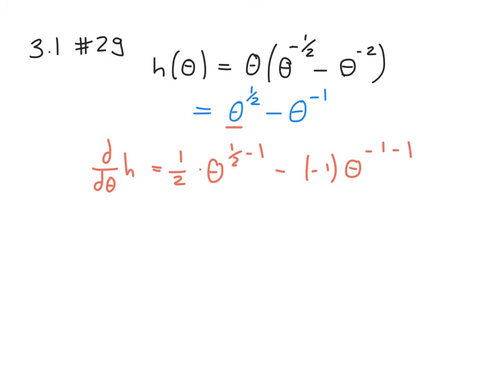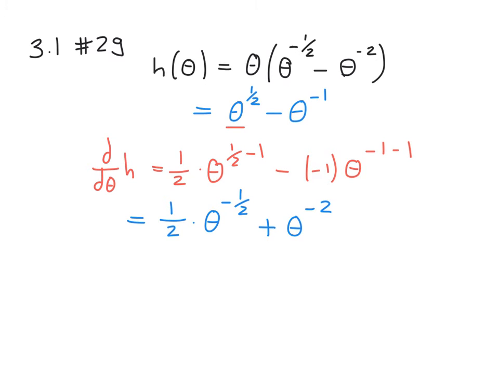Again, as before, we can simplify the whole thing a little bit. So this would be 1/2 times theta to the minus 1/2 plus, so minus times minus is plus, theta to the minus 2.